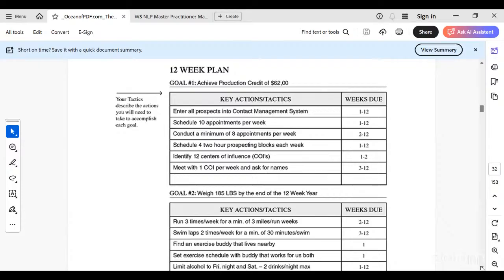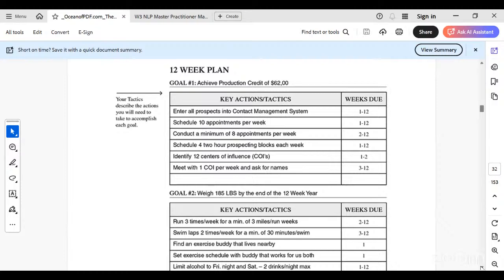Enter all prospects into contact management system. This is throughout weeks 1 to 12. Schedule 10 appointments per week, also 1 to 12. Conduct a minimum of 8 appointments per week from week 2 onwards till 12. Schedule 4 2-hour prospecting blocks each week from 1 to 12 weeks.